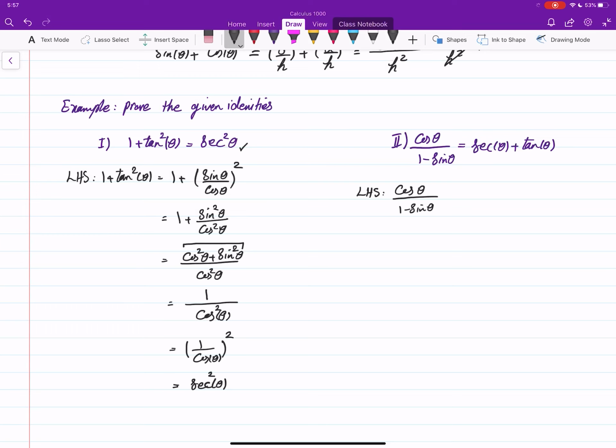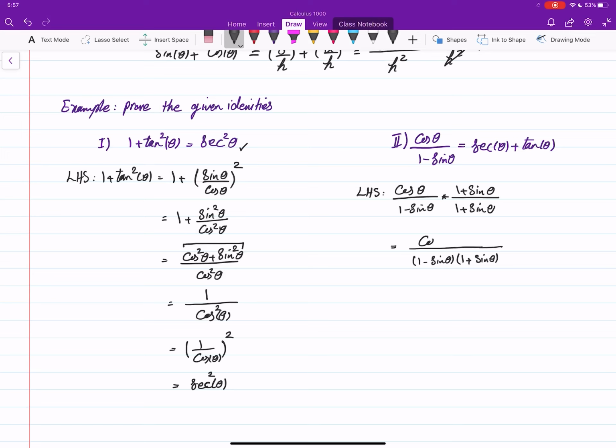But what we can do is multiply both the numerator and denominator by 1 plus sine theta. And the reason we are doing this, you see in the denominator, we are multiplying 1 minus something, which happens to be sine, by 1 plus the same thing.